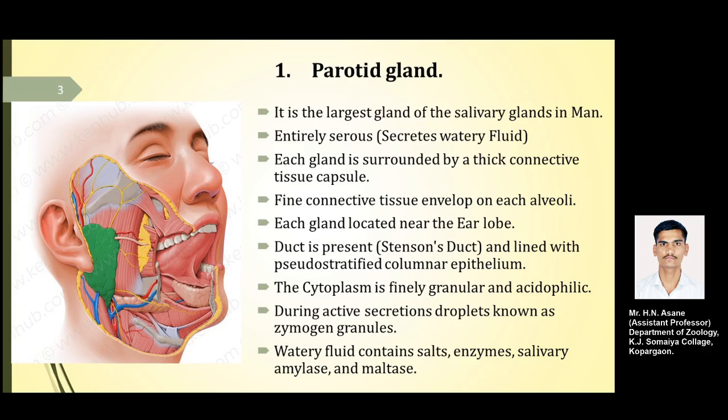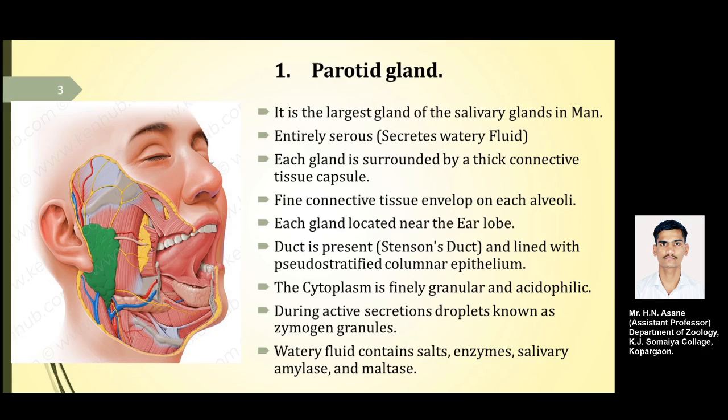The terminal alveoli are of small diameter and lined by low cuboidal epithelium. So the lining of these terminal alveoli is cuboidal epithelial cells.